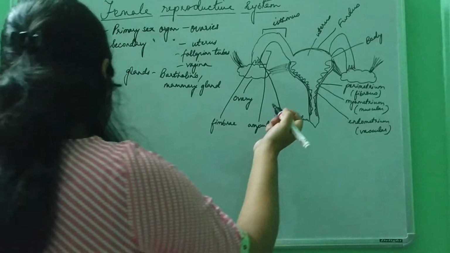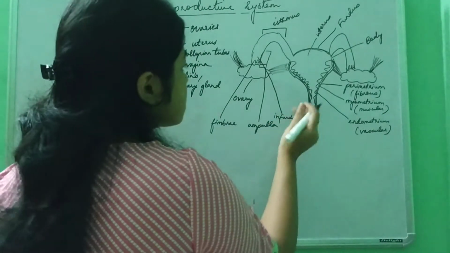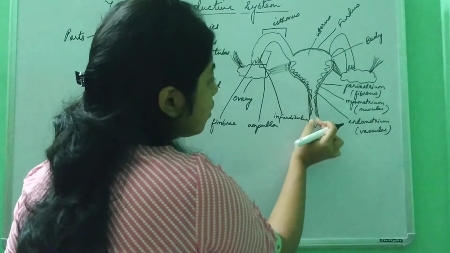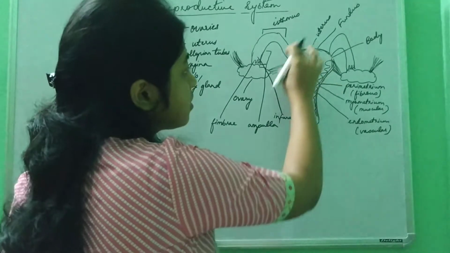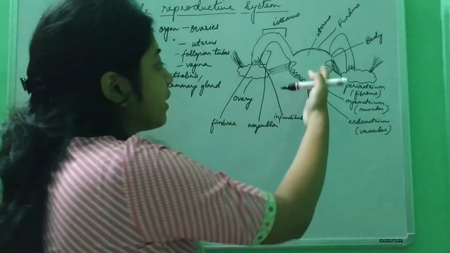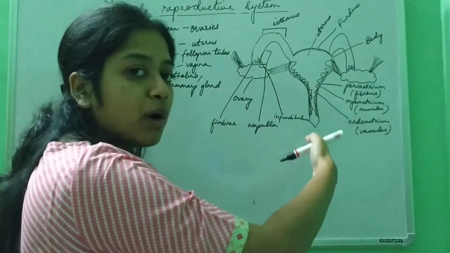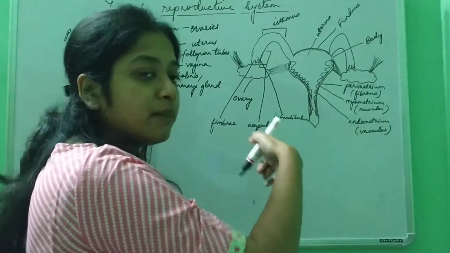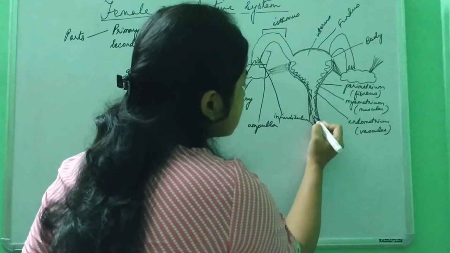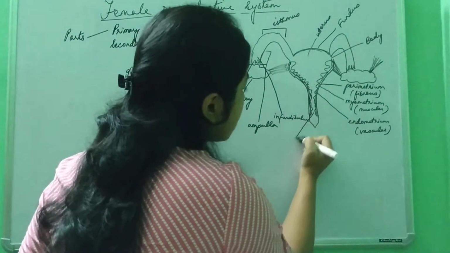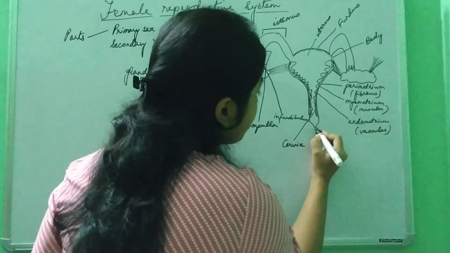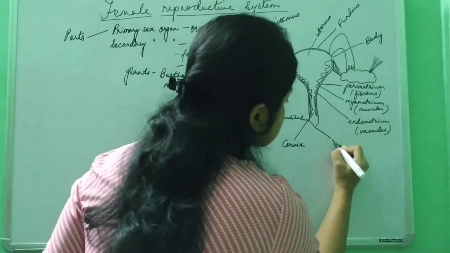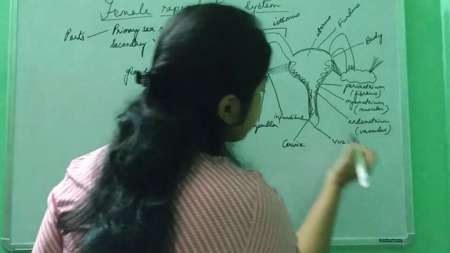Then at the end of the uterus, after all the processes are over, when the baby has to come out, it has to come out through an opening. So this part is known as the cervix, and this opening is the vulva.